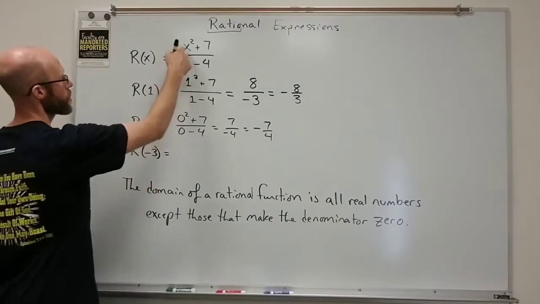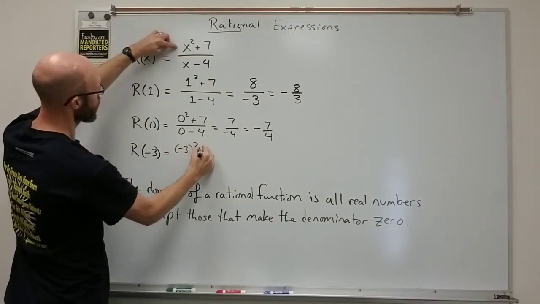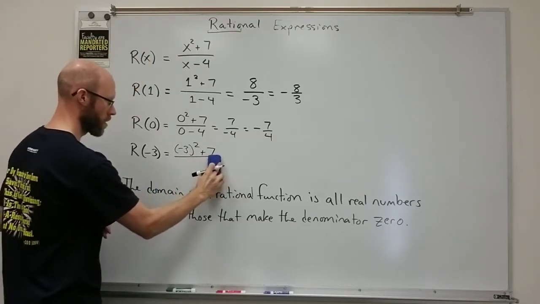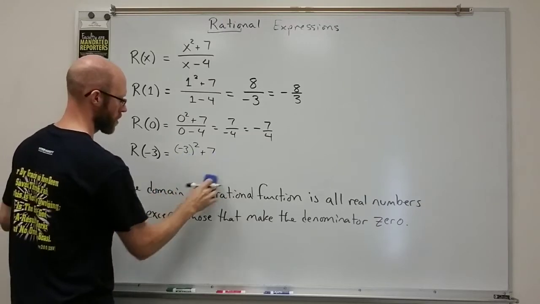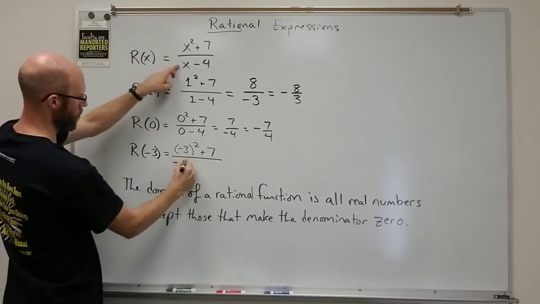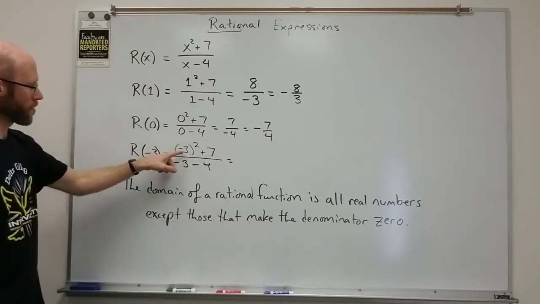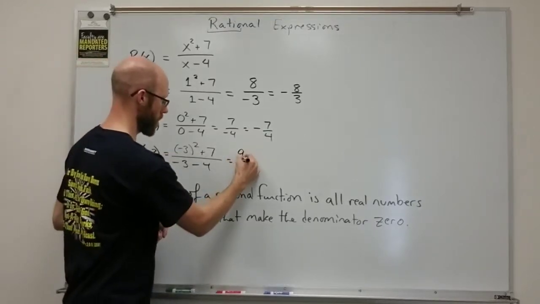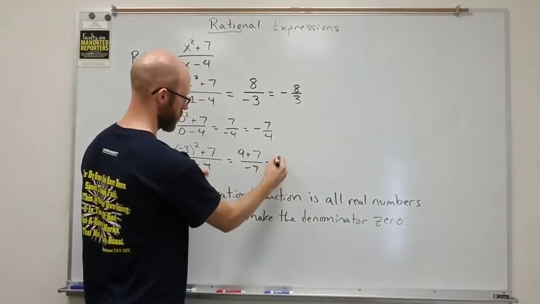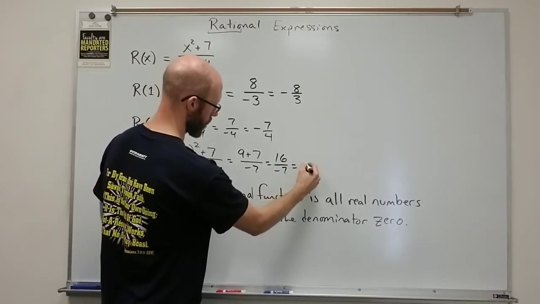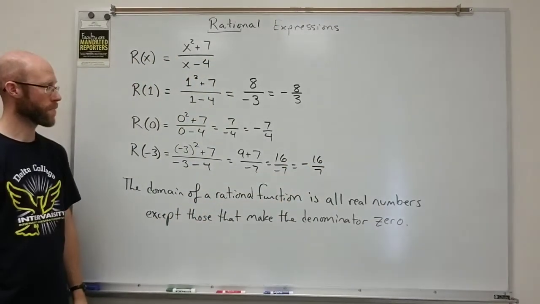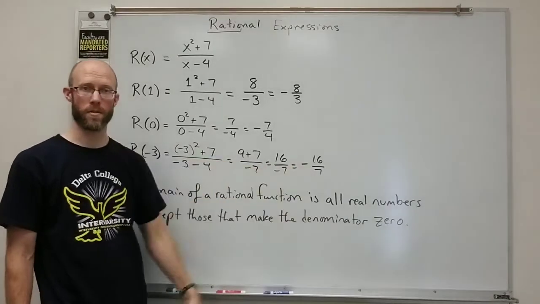If I plug in negative 3, I get (negative 3 squared plus 7) all over (negative 3 minus 4). Well, negative 3 squared is 9, so 9 plus 7 all over negative 7, which is 16 over negative 7. None of these are working out real nicely to whole numbers, but fractions are fine. So that's equivalent to negative 2 2/7.